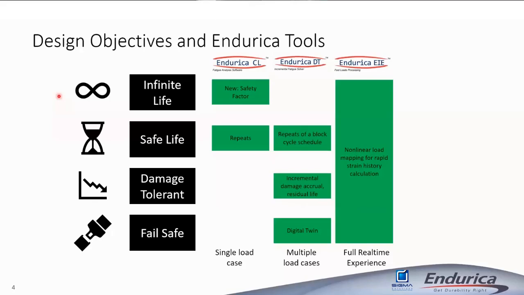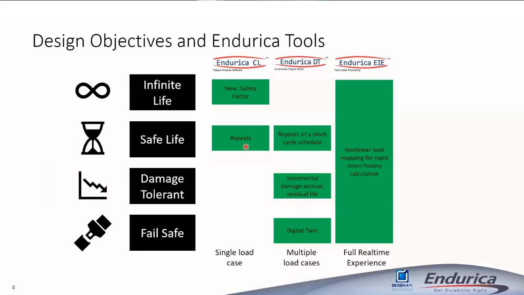The next level of analysis: if your safety factor is less than 1, that tells you that the life is not going to be infinite, but it doesn't tell you how long the part will last. And if you want to answer that kind of question, then you need to go the next level deeper, and that's what we call safe life analysis, where you give me a load case and I calculate the number of repeats of that load case that it takes to fail the part, and then I compare that failure prediction to the design requirement, right?